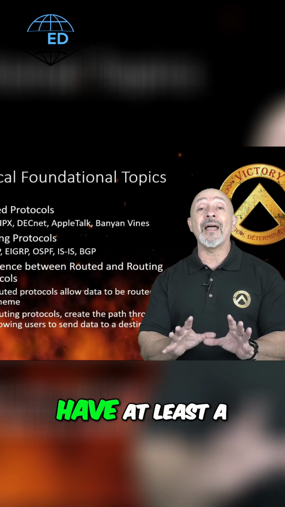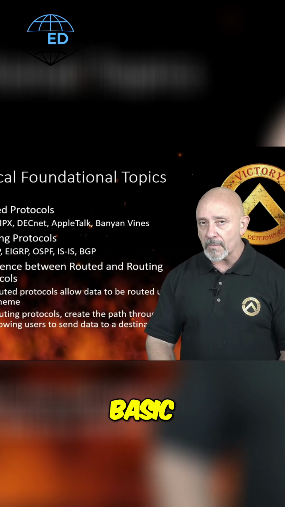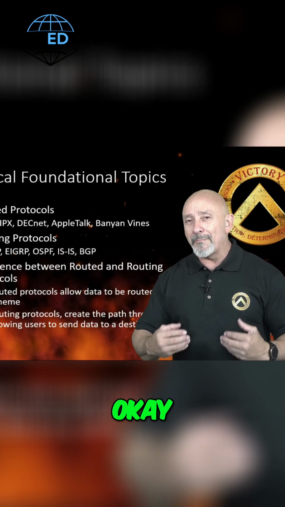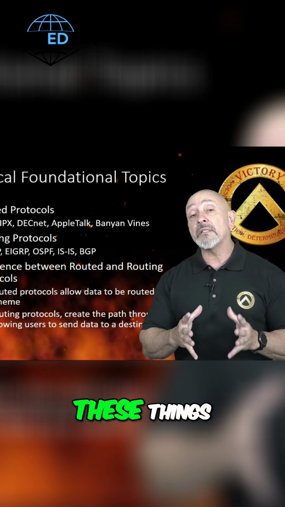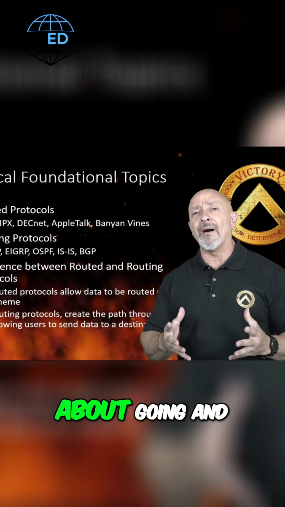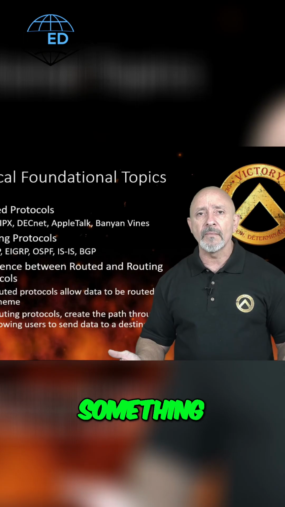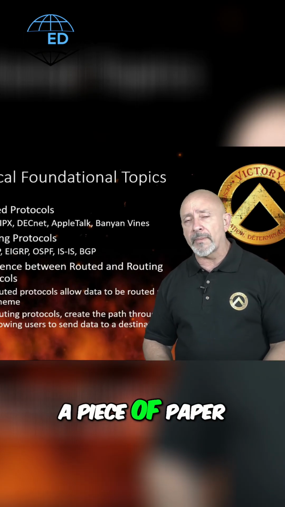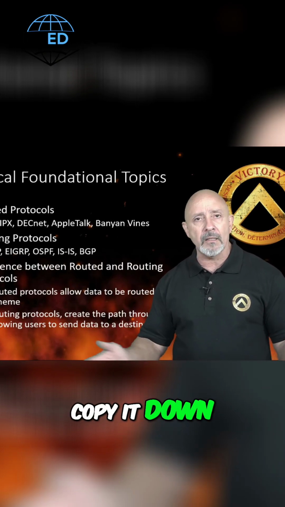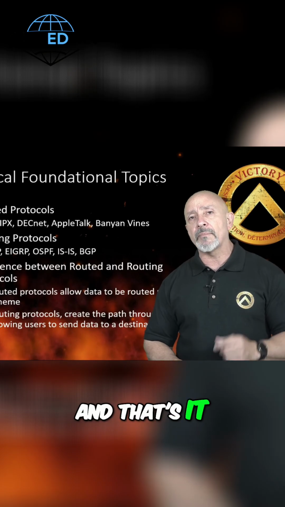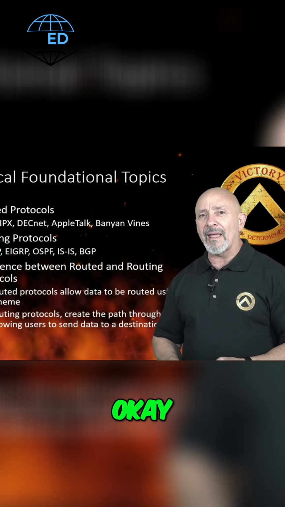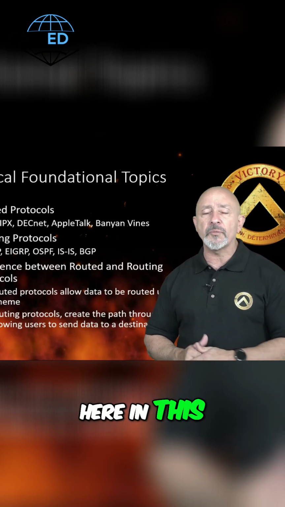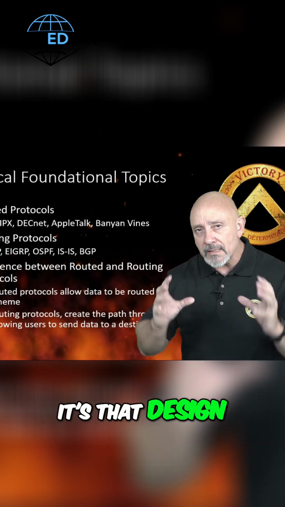But you need to have at least a basic understanding, okay? Basic knowledge on all these things, because it's not just about going and configuring something. No, anybody can do that. I can give you a piece of paper and you can just copy it down and memorize the commands, and that's it. But you've got to understand the why, okay? Why are we configuring here at this particular point? So it's that design.